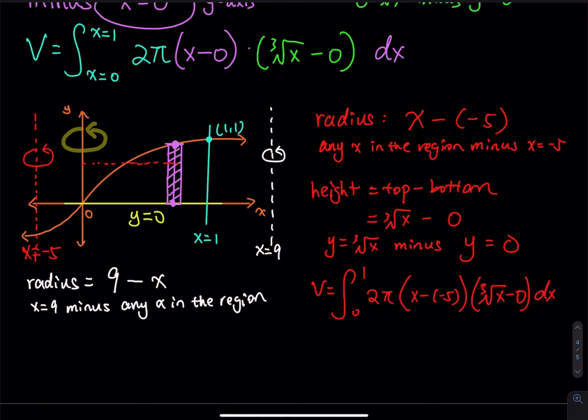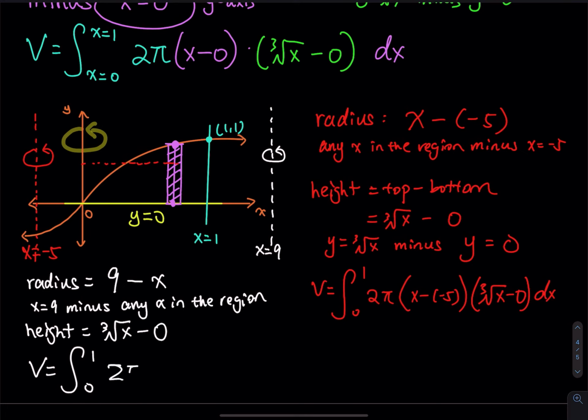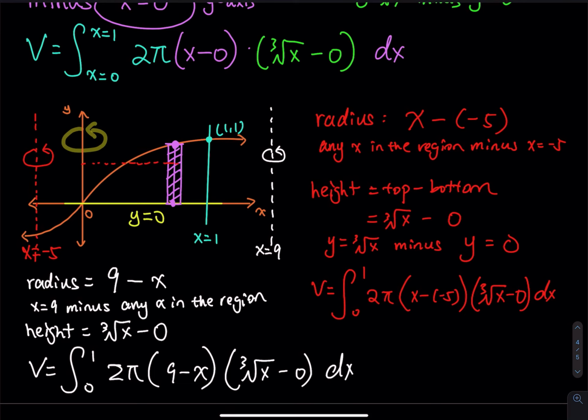And then the height, no change. It is still the cube root of x minus 0. So you have the volume equal to, x goes from 0 to 1, 2 pi r, and then the cube root of x minus 0, dx. So that answers all the what if questions.